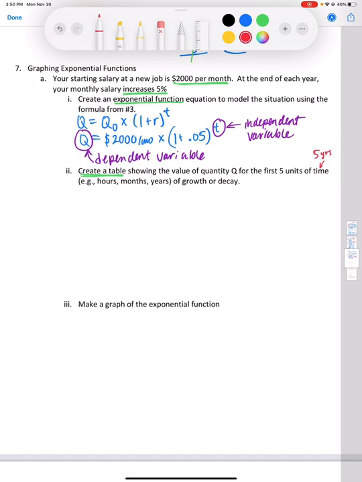All right, so let's create our table. Our independent variable goes first, because that's what we'll just put in the values, and our dependent variable we will calculate. When you create a table, you can put in any values that you want for t, but it says that we need to do the first 5 units of time, or the first 5 years.